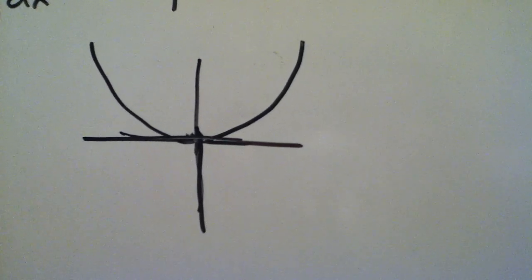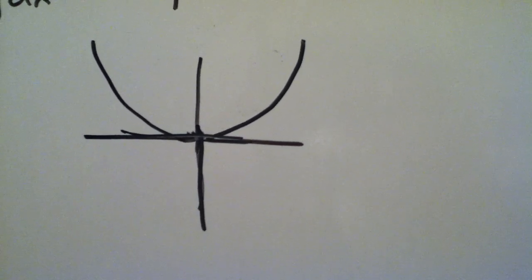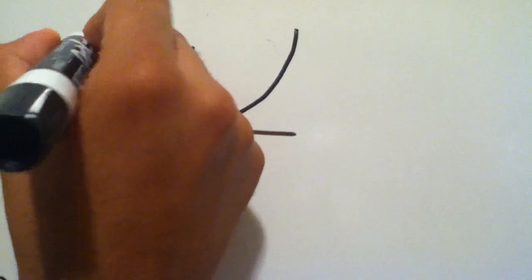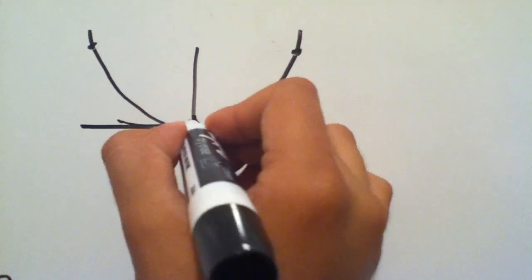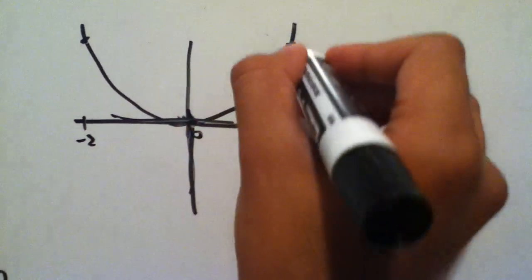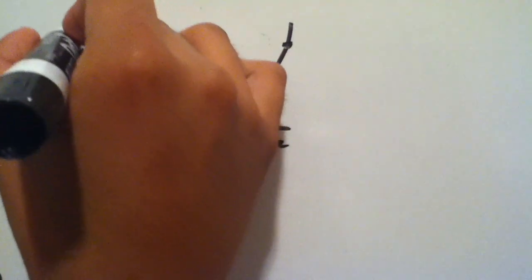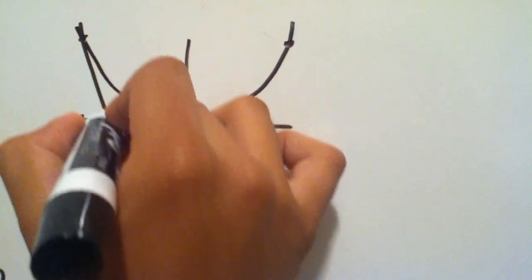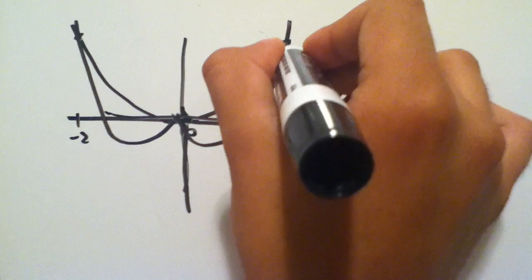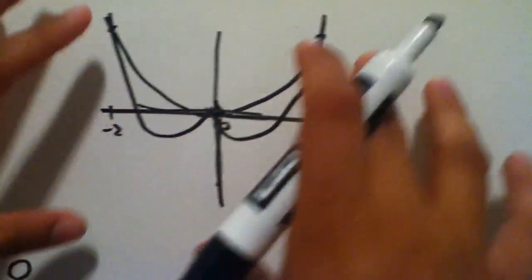And then we have the x to the fourth minus 2x squared curve, which looks a little different. We know our intersection points, there are 3. One is at negative 2, one's at 0, and one's at 2. And the curve looks something like this, within this frame of reference.